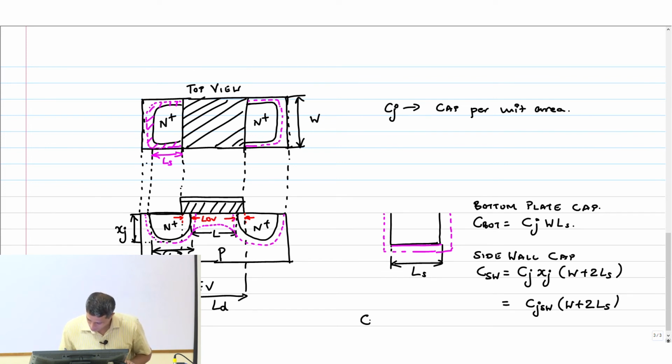So the CDB is basically C bottom plus C sidewall. And of course, this is also equal to CSB if the biases are the same, right? So CSB equal to this.